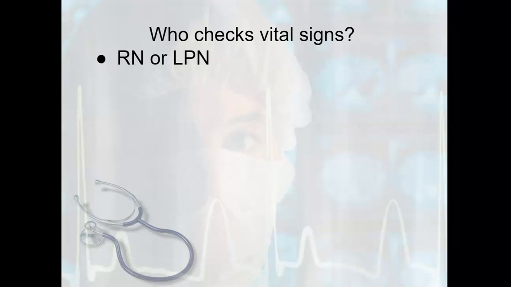Then you can start to work as an LPN, or continue on as an RN, or continue on as an RN and work as an LPN, just depending on what life is going on at the time. So definitely nurses take vital signs.